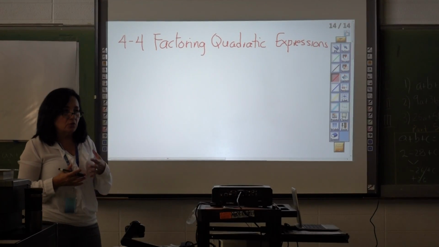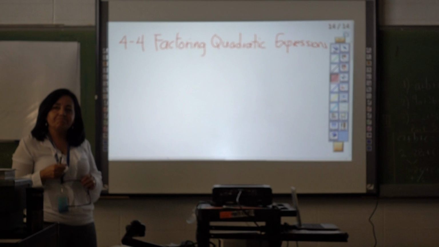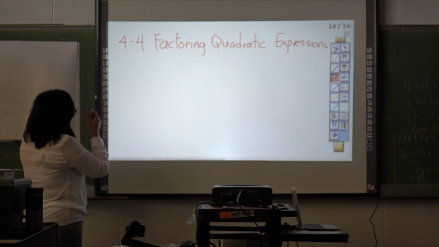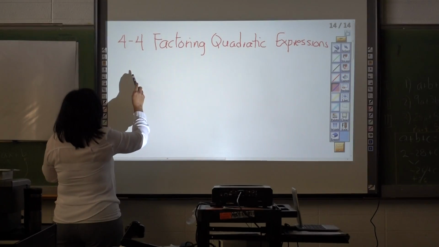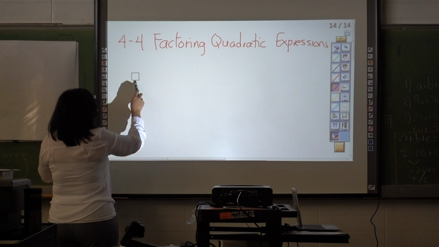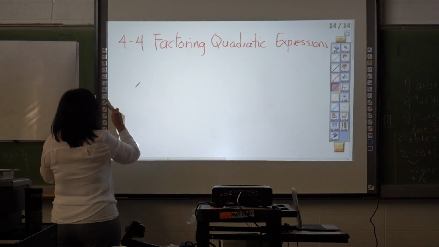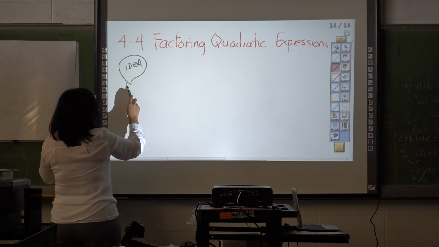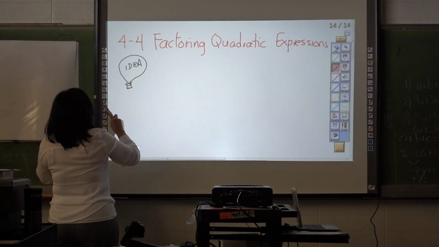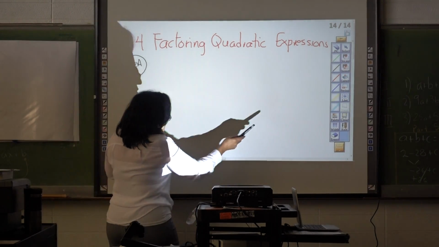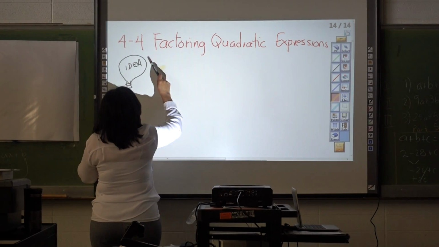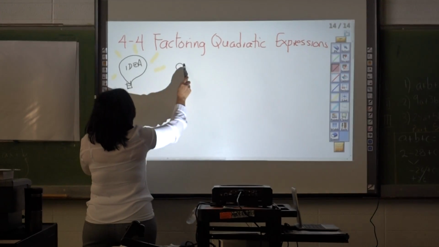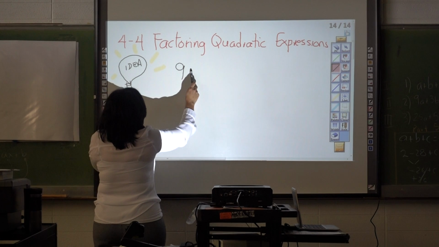What is factoring? When you have a multiplication of two numbers, for example, if I want to find factors of 9, it's an idea. Let's say you have the number 9.